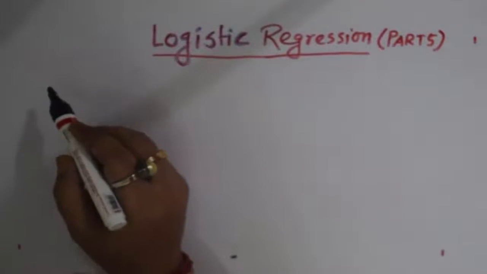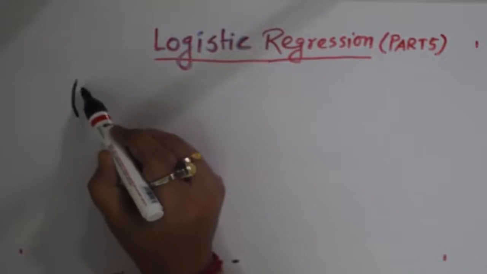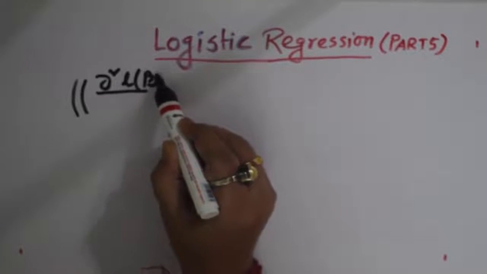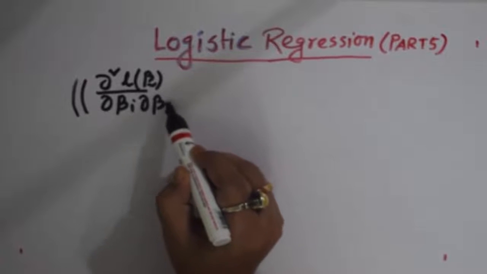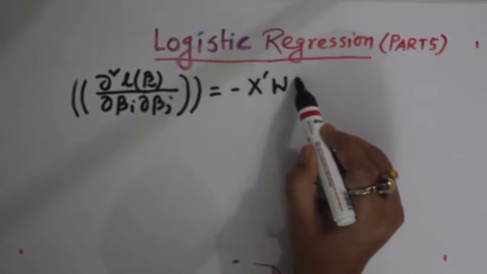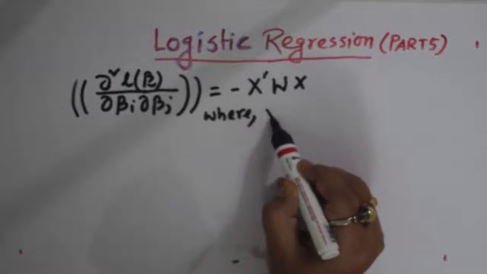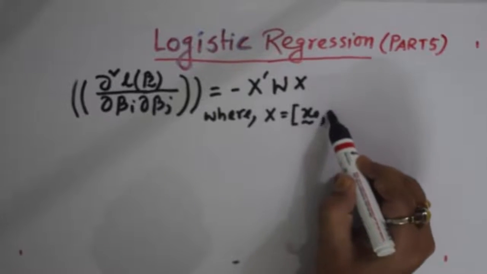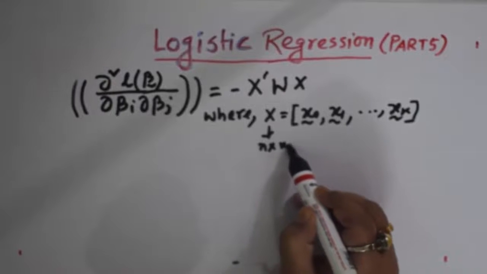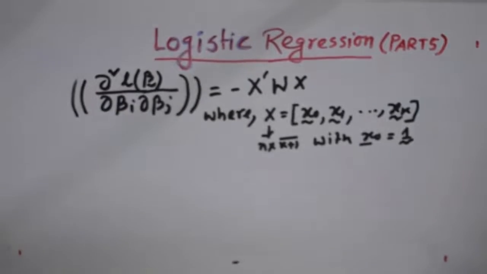In part 4 we derive the Hessian matrix, that is, and this is equal to minus X prime WX, where X is equal to X naught curl, X1 curl, ... Xk curl, and order of X is n cross k plus 1, with X naught curl a vector whose all elements are 1.